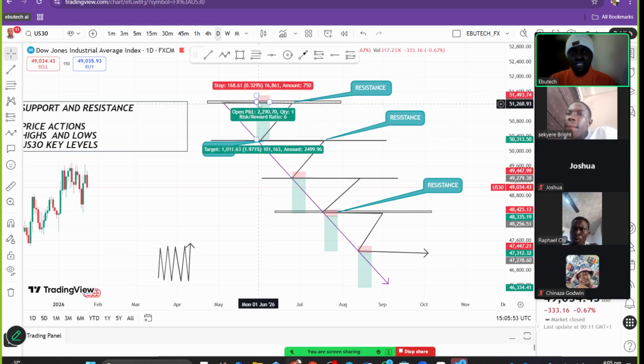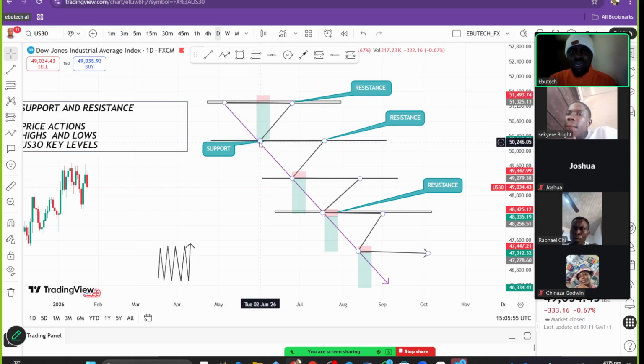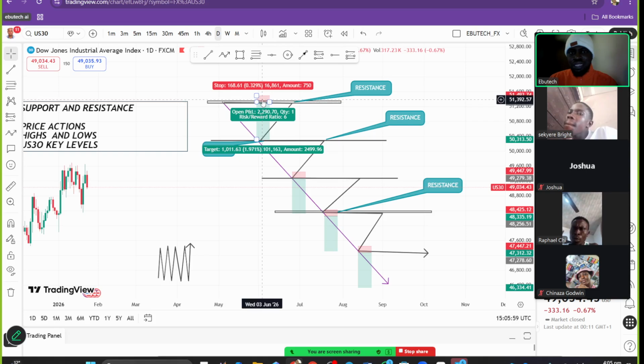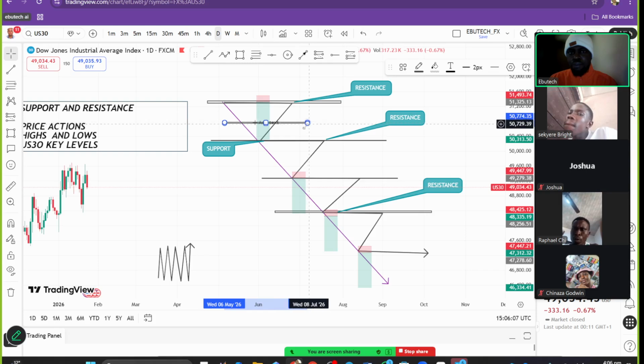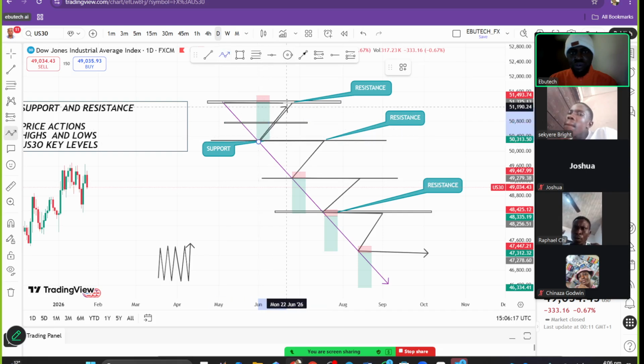Then when you identify the trend, you wait for the market to come to your resistance level. If the market has pushed here and come to the middle of this place, don't sell. Don't sell until the market comes to this level again.